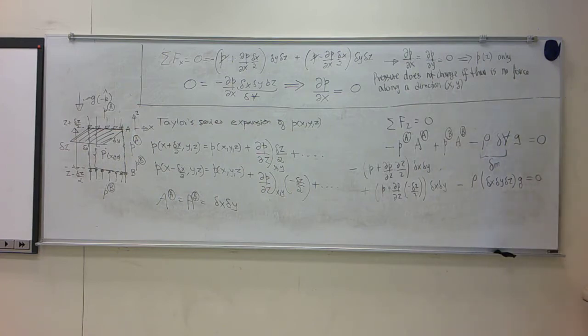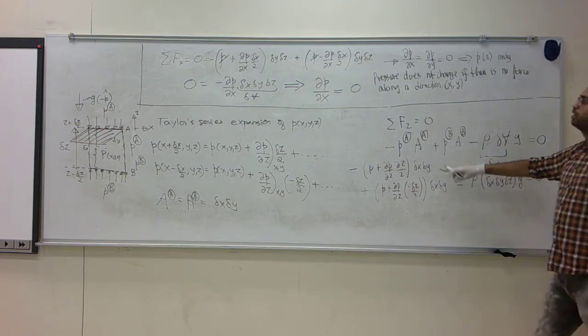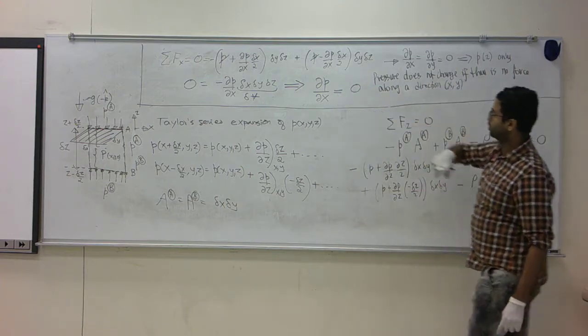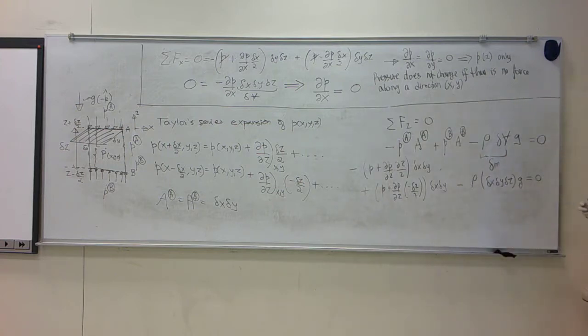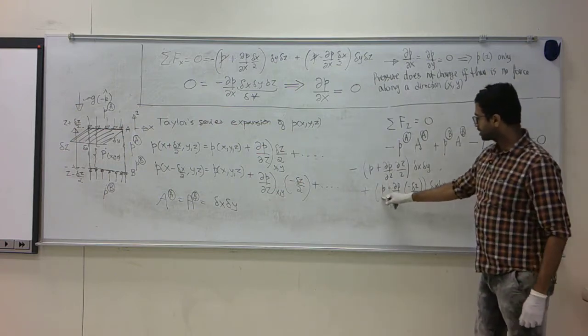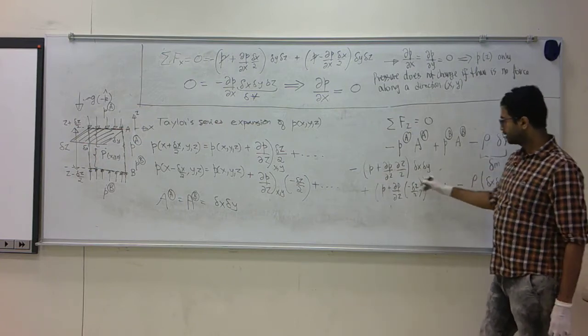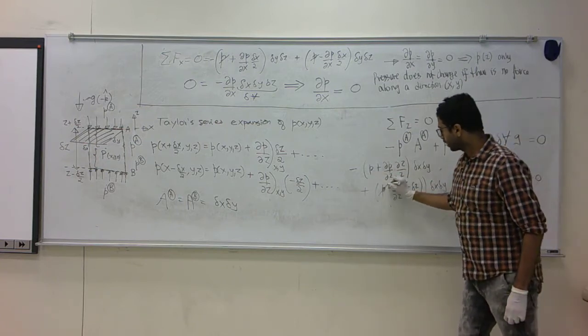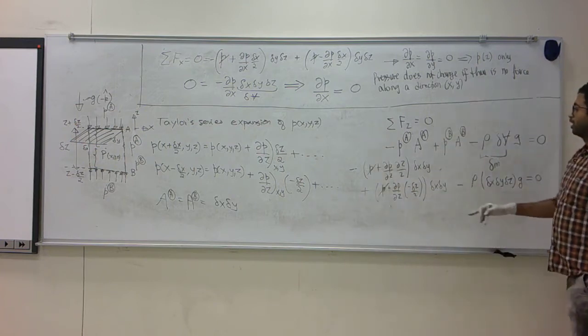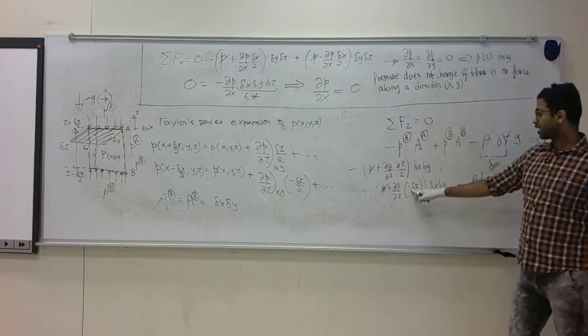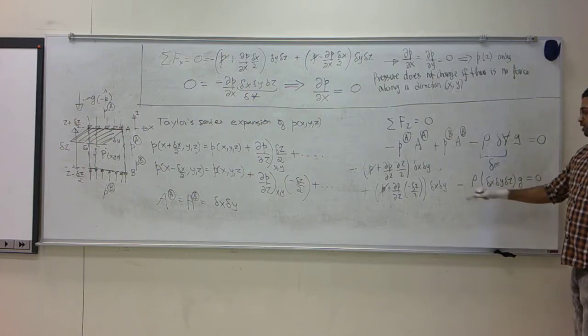So if we clean up this equation, we'll end up with something similar to this. Okay, if I do that, I can cancel out P and P. P times delta x delta y, P times delta x delta y, negative, positive. So I can cancel this. Here is a negative, here is a negative, so they will add up.